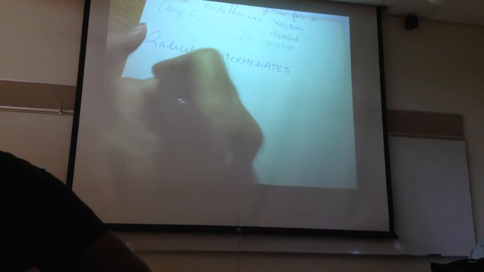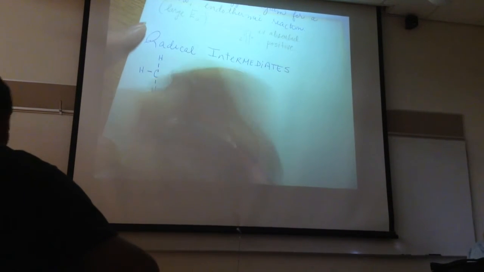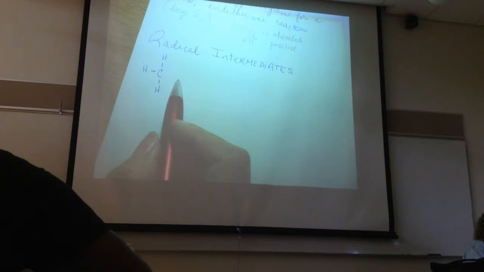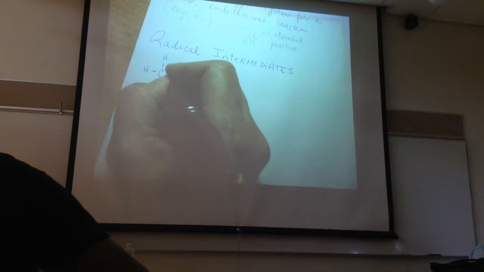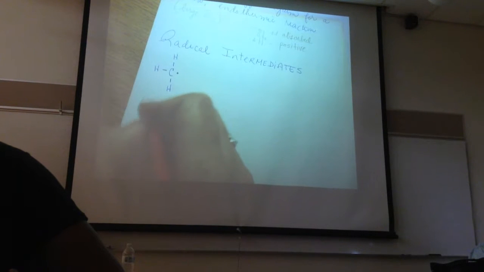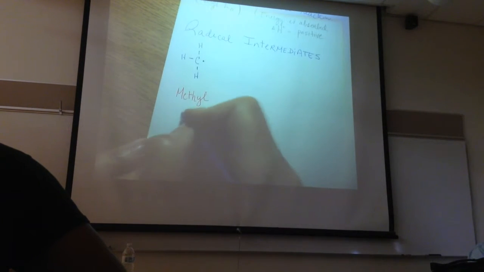If this is methane and you cleave a carbon-hydrogen bond, you end up with the formation of this, which is called a methyl radical, often also represented like this, Me dot. Remember that these were all radical intermediates.